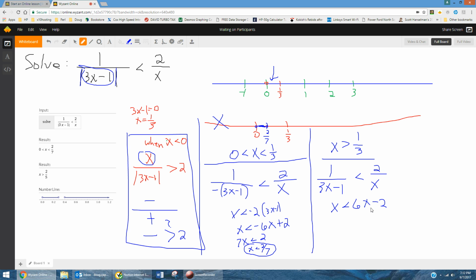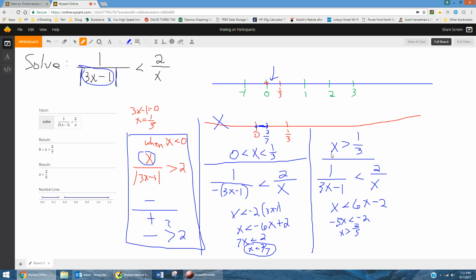So minus 5x is less than minus 2. Divide by negative 5, so I have to reverse the direction of the inequality symbol. x is greater than 2/5.